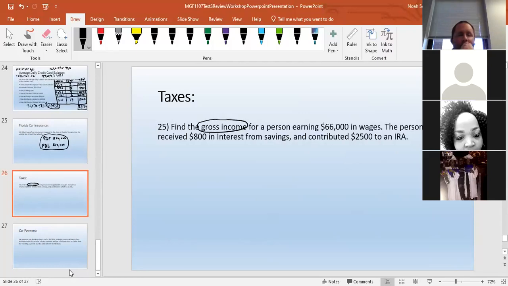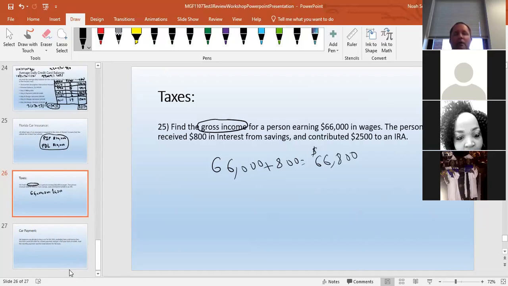Add up all the income. Right, we add up all the income. So we take 66,000 and we add the 800. That's 66,800. Do we do anything else? Yeah, we have to subtract the 2,500 because she contributed. Right?